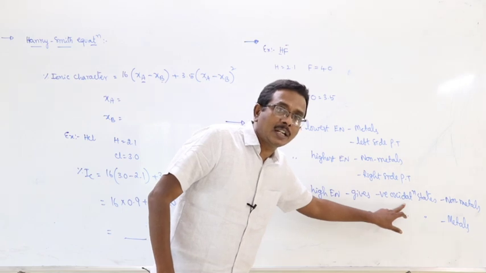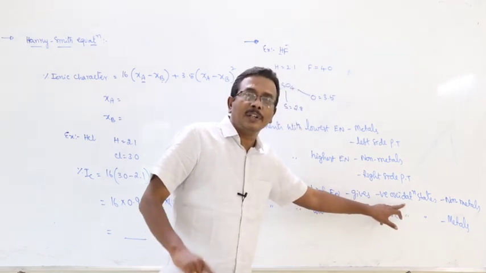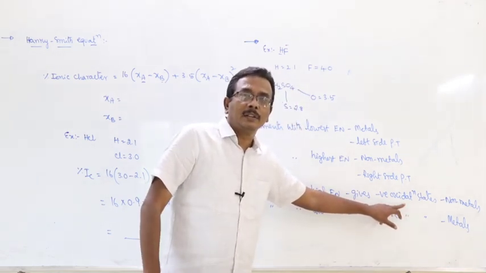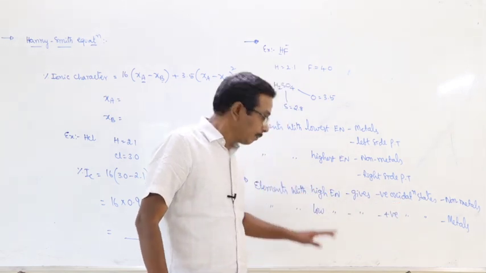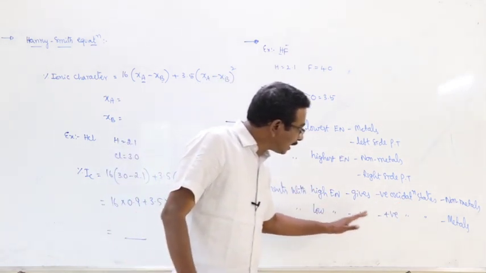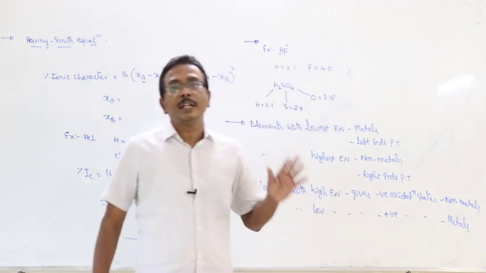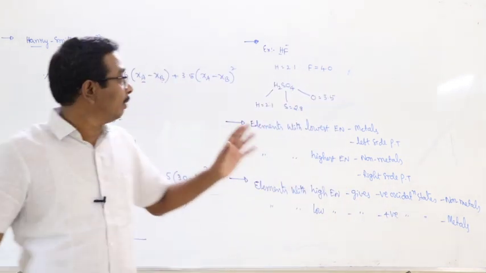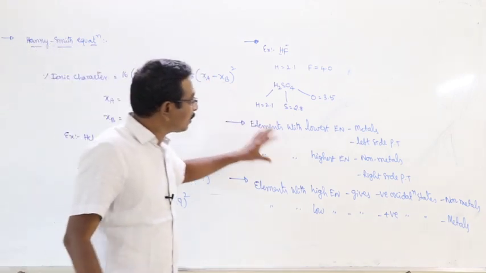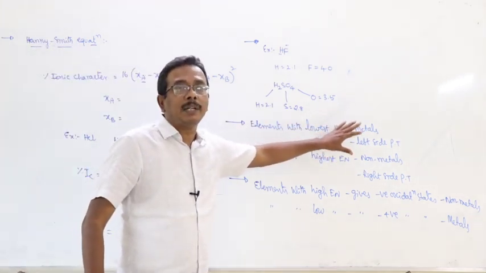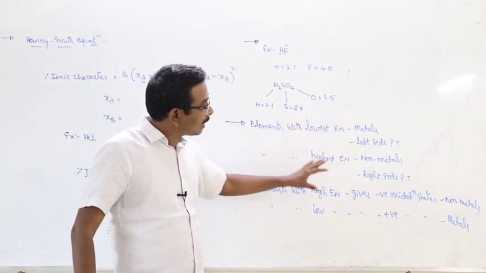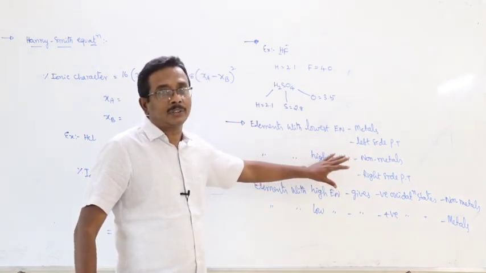Example for the first one, non-metals: oxygen, fluorine, chlorine, bromine, nitrogen, etc. Elements with low electronegativity give positive oxidation states. Example, metals: sodium, potassium, rubidium, cesium, etc. Elements with the lowest electronegativities are metals. Elements with the highest electronegativities are non-metals.